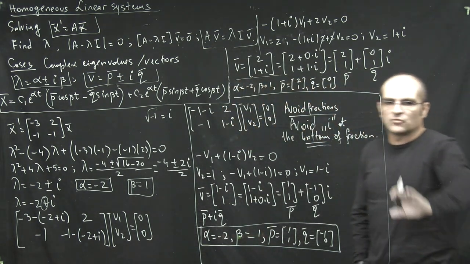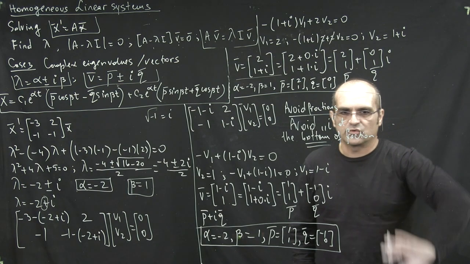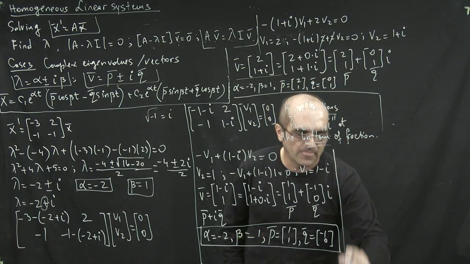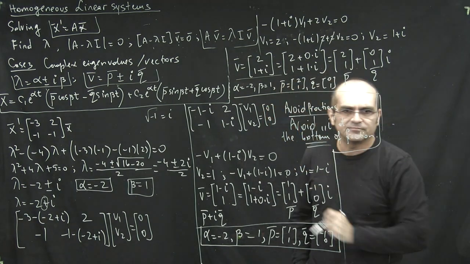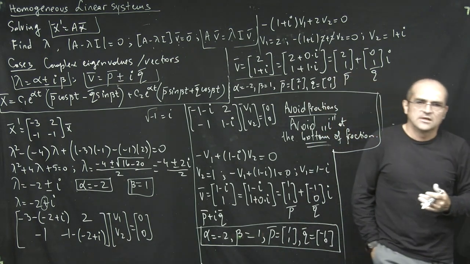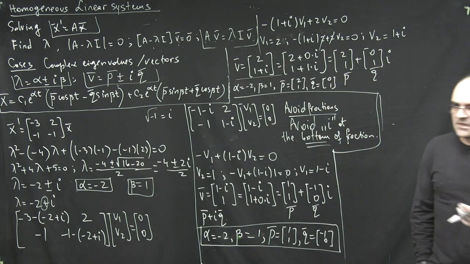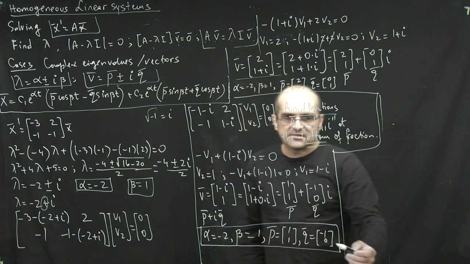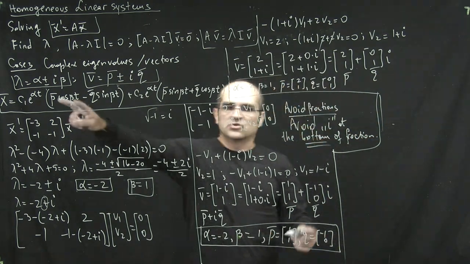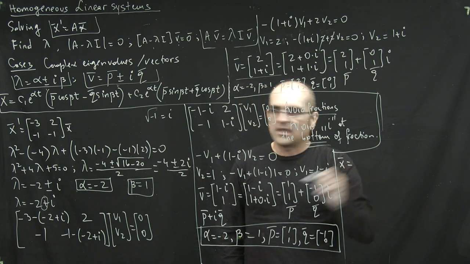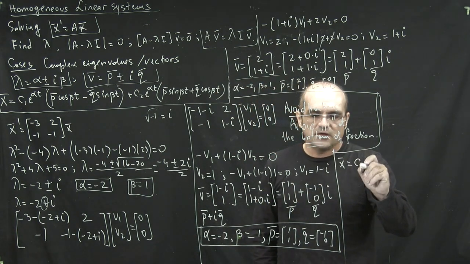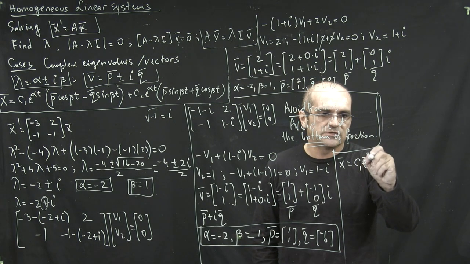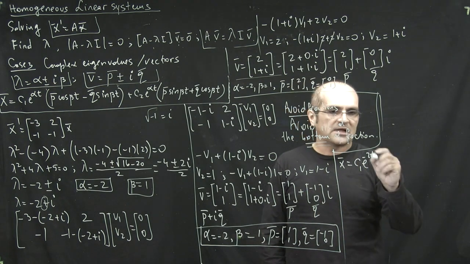Let me see if I have some room here. Maybe we have room to write solutions in both, so I have it on the same screen. But I'm going to write it in the next part as well for the same example. So let's see, you use this version. That means your solution is C1 e to the alpha t, which is e to the minus 2t. It's challenging here in the complex case.